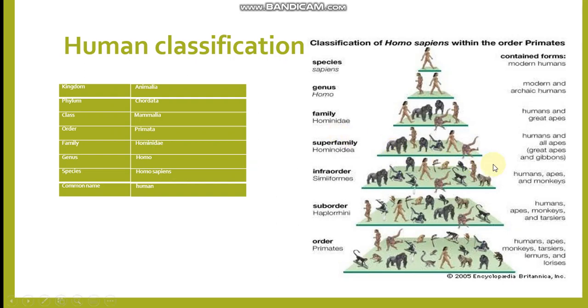Likewise, organisms like humans, apes, and gibbons are grouped together with monkeys and other similar organisms to make an order called Primates. So Primates is an order which contains all organisms that resemble humans.